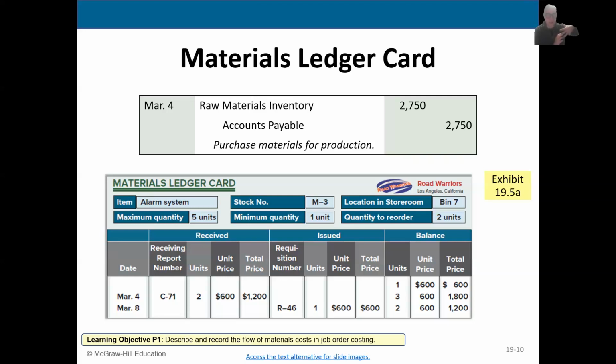The warehouse then sends the work in process assembly line the raw materials. That's where it says issued. We're issuing those raw materials. So you can see that I'm constantly updating my balance for each of my raw materials. That's what the materials ledger card does: it provides me with an updated balance of all of the raw materials I have on hand.